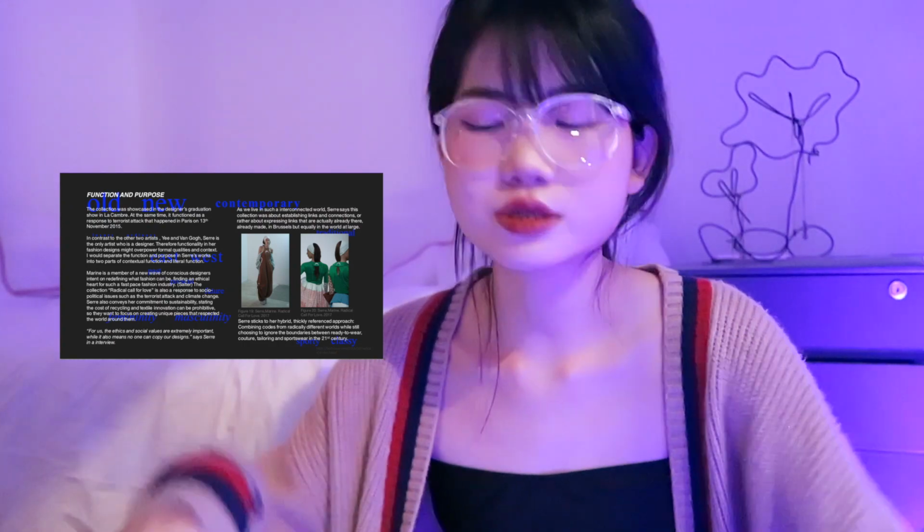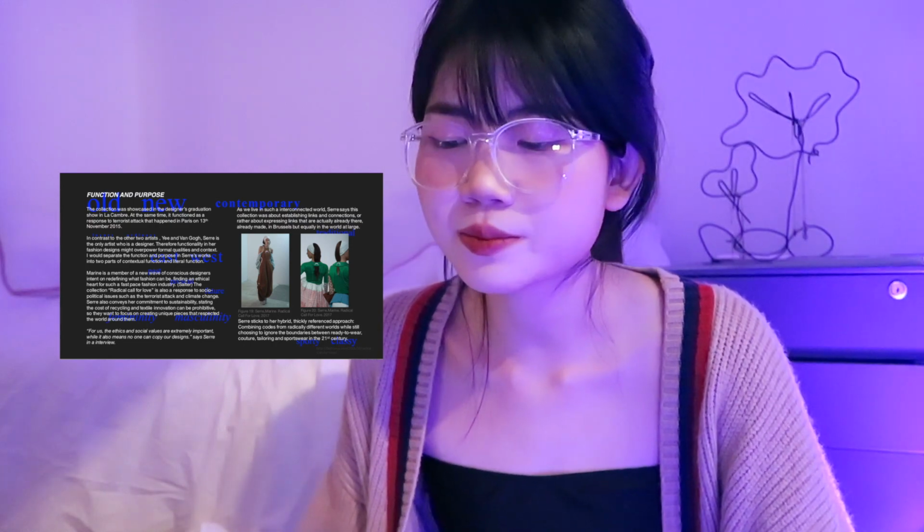And I also talked about the function and purpose of the entire collection, which, although she says it's not a political statement, she created after the terrorist attack that happened in Paris.